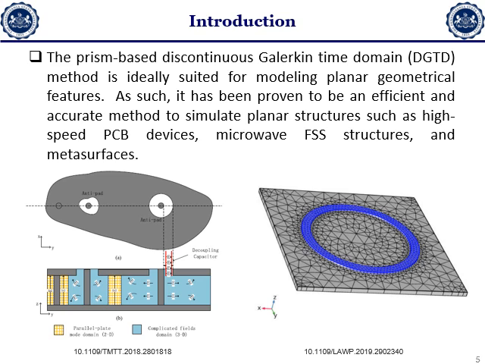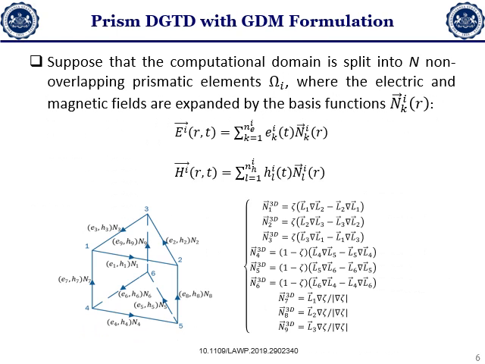And the prism-based DGTD method is ideally suited for modeling planar geometries. It has already been proven to be an efficient and accurate method to simulate planar structures such as PCB boards, AVS structures, and metasurfaces.